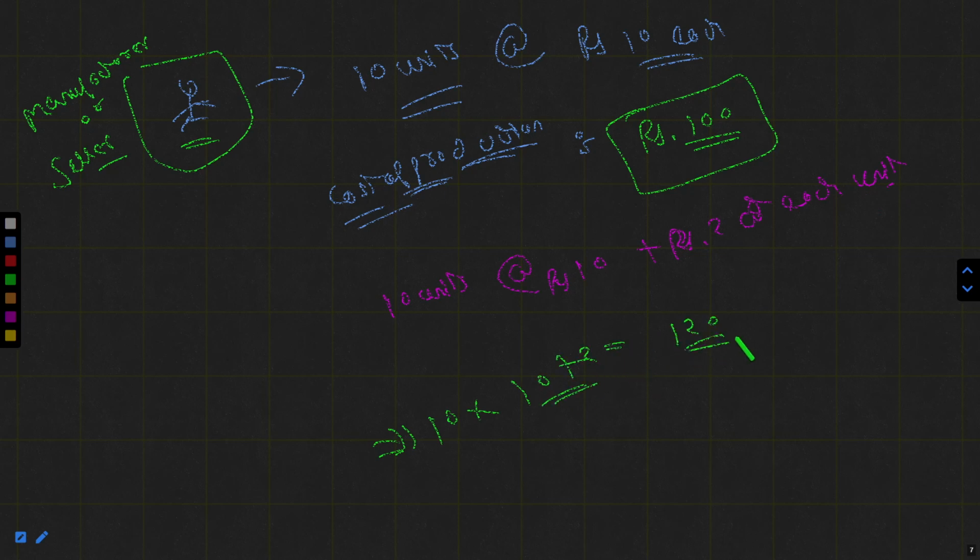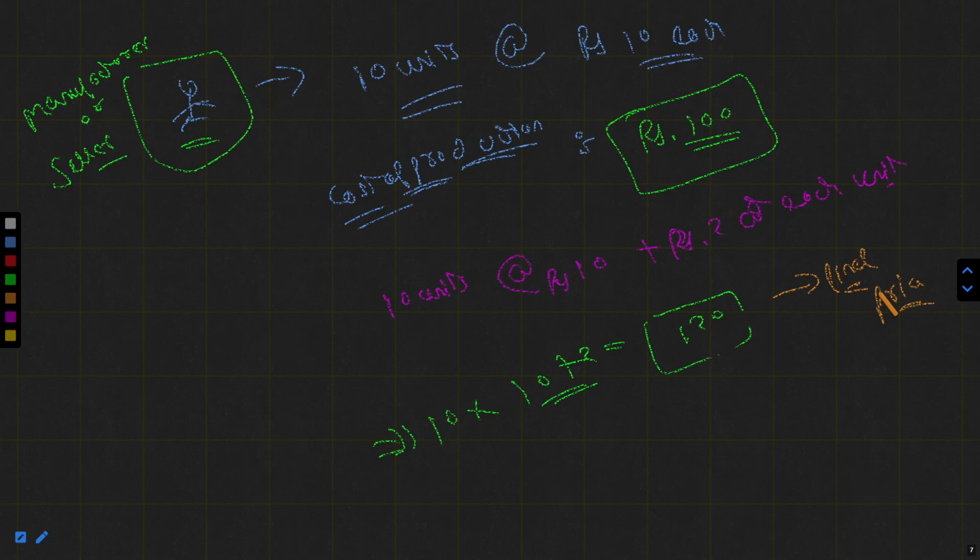So 120 will be the total cost, or you can say 120 will be the final price at which this will be sold to the customers.